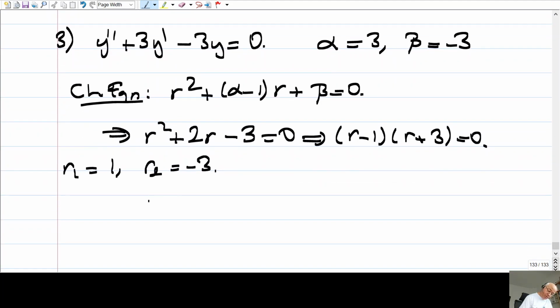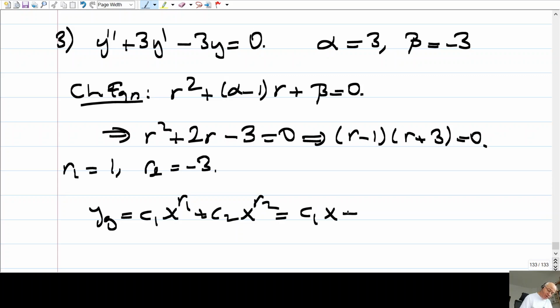So what are the solutions? C1 times x to the power r1 plus C2 times x to the power r2. So it is just C1 x plus C2 times x to the power minus 3.